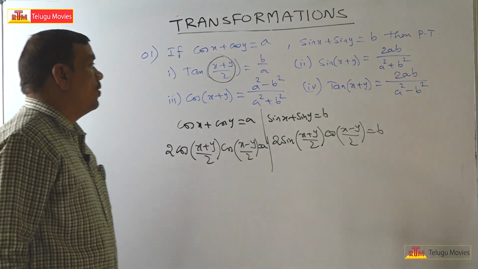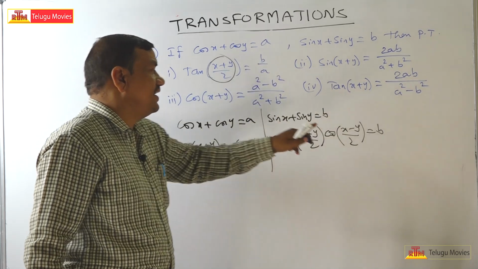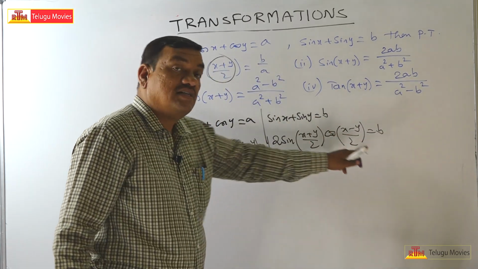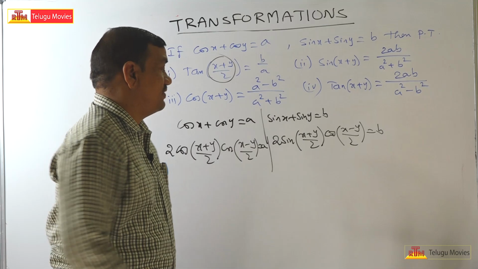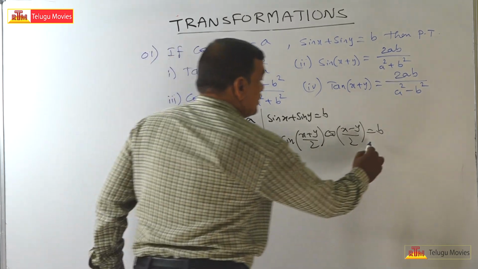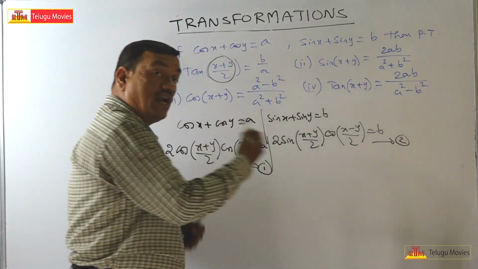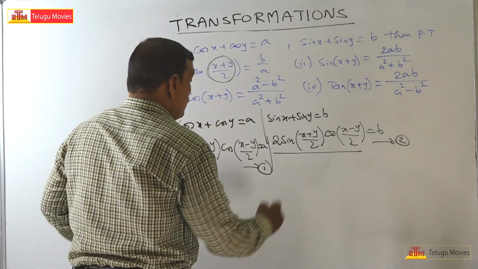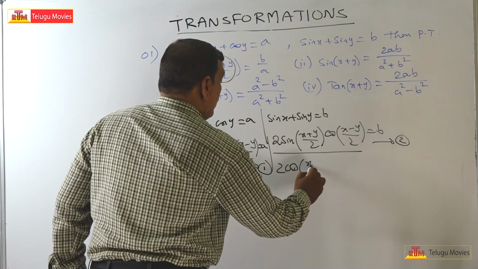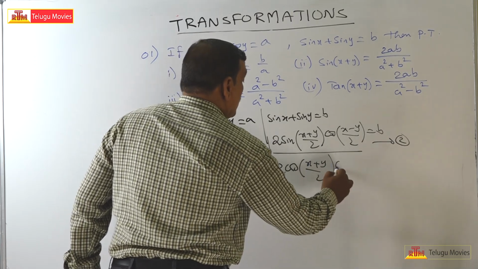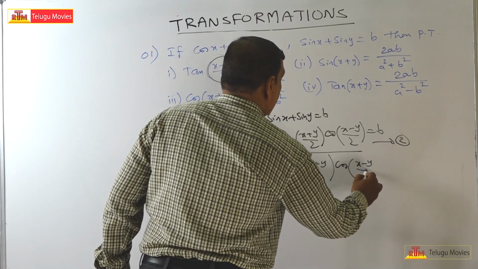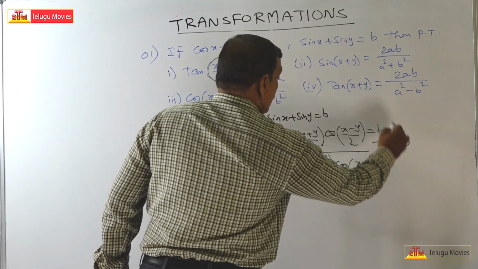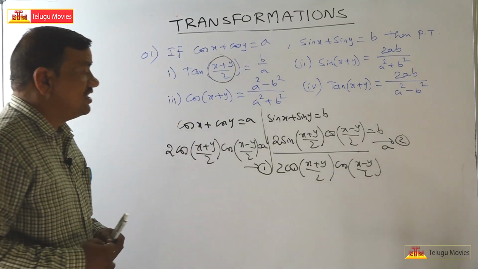Okay, now we want B by A. B is there, A is there. Take the second equation upon the first equation. You call this the first equation and that the second equation. What will you get? 2 sin of (x plus y) by 2 into cos of (x minus y) by 2, upon 2 cos of (x plus y) by 2 into cos of (x minus y) by 2, is equal to B by A. Any more cancellations?